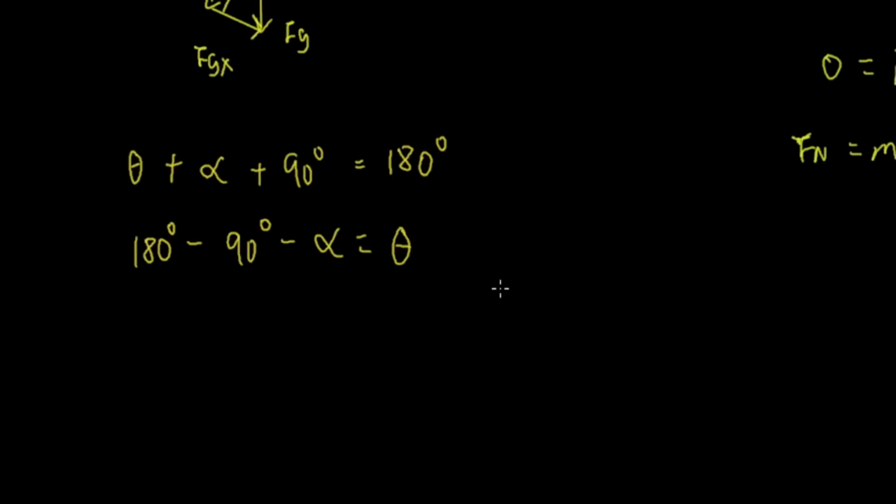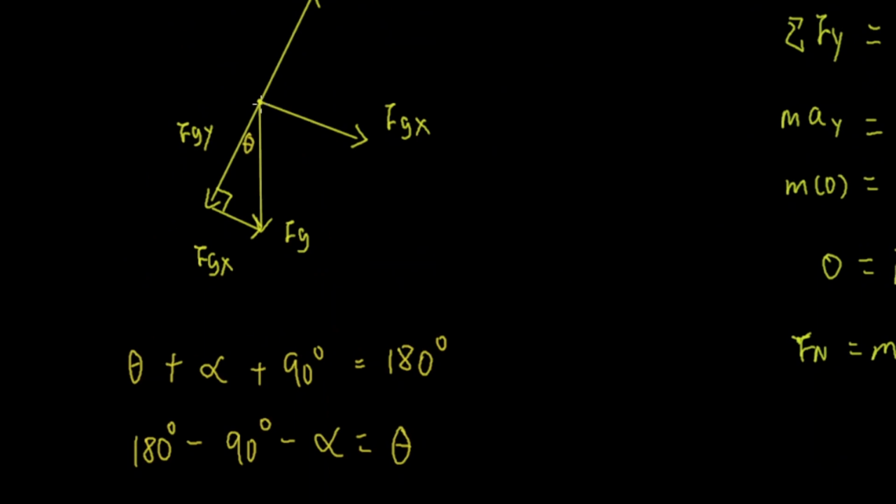Okay. Now, what do we do to calculate f sub gy and f sub gx? We can use trigonometry. Okay, so let's start with f sub gy. With this right triangle, you can say that cosine theta is equal to f sub gy over f sub g, right?